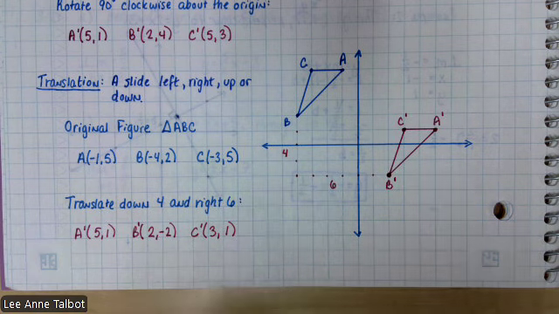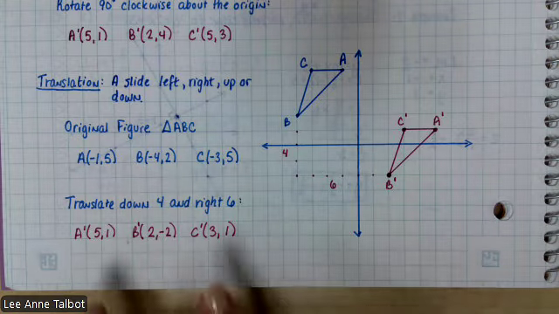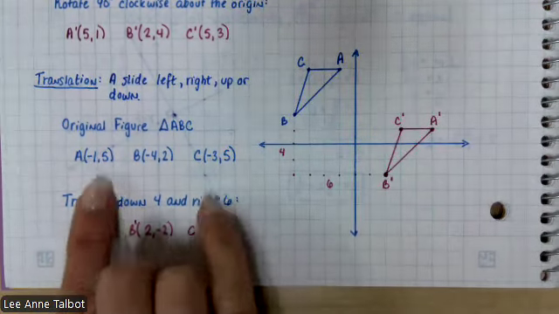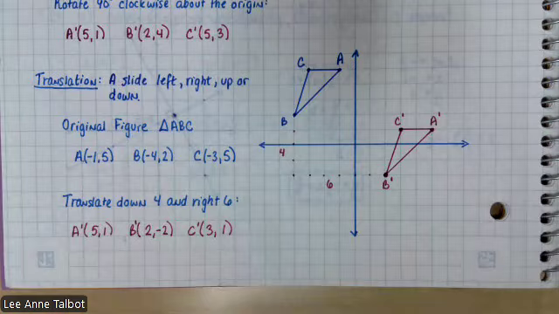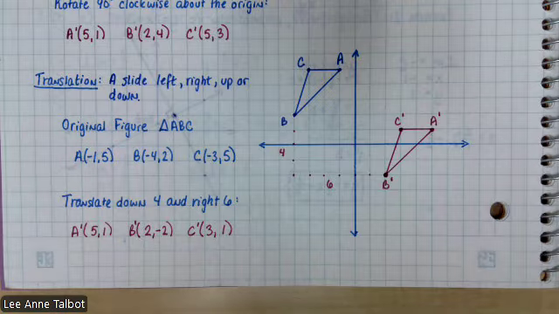Anybody know what happened to the coordinates in this one? Perfect. All of the x's, we added 6. All of the y's, we subtracted 4. Okay.